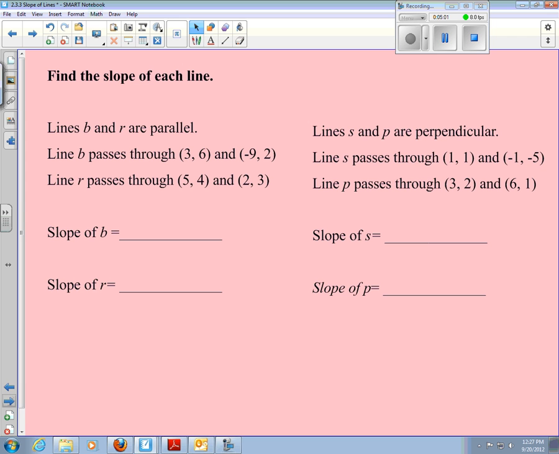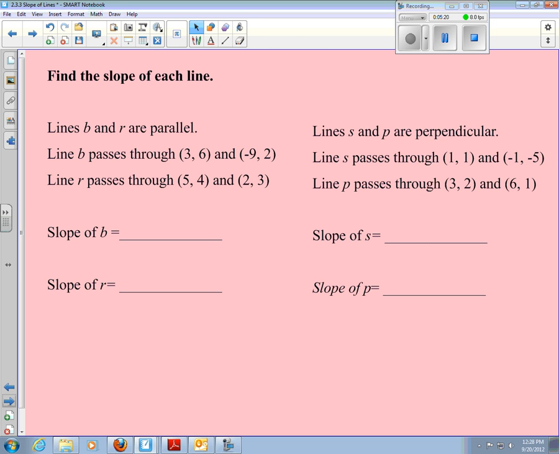All right, so let's take a look at the next section. It says lines B and R are parallel. Line B passes through points 3, 6 and negative 9, 2. And line R passes through 5, 4 and 2, 3. We talked about parallel lines in our 3.1, 3.2 notes. So now let's look at their slope.